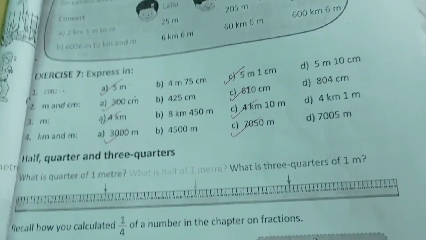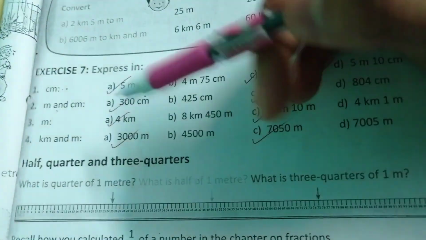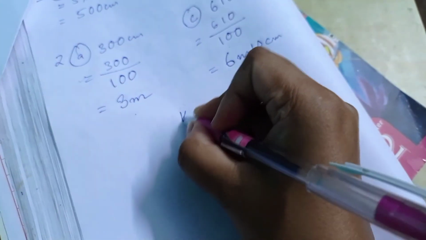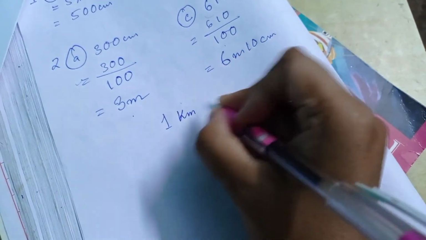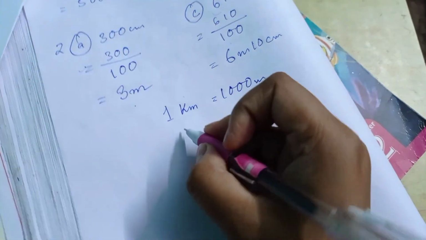Next is number 3. Here they have given kilometer and you need to convert that into meter. What is the relation between kilometer and meter? 1 kilometer is equal to 1000 meter, we know that.